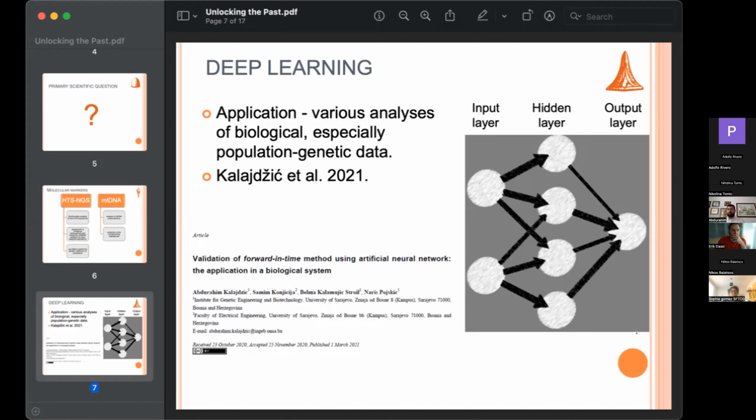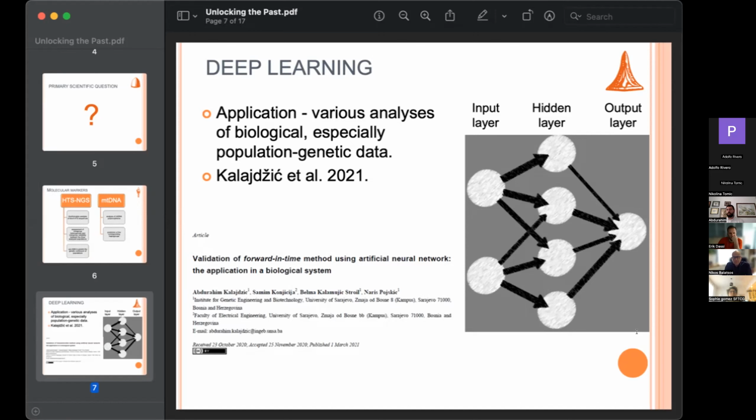Then the most important part is the hidden layer, basically one or more hidden layers that consist of many hidden neurons that perform the transformation of that input data. The number of these hidden neurons and hidden layers is very crucial, and actually depends on how complex the analysis is that we are about to perform. And finally, the output layer provides the predicted results.